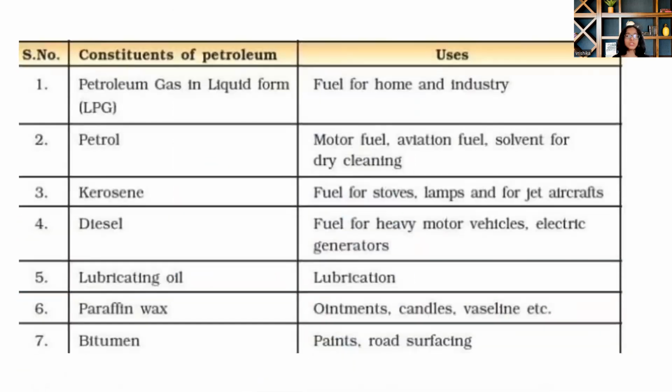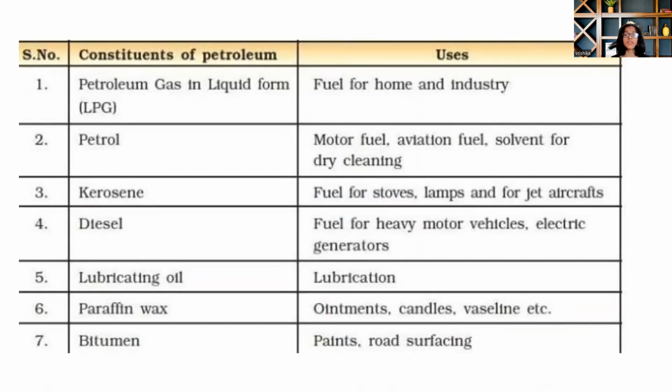Let us see the constituents of petroleum and uses. There are 7 constituents of petroleum: LPG, petrol, kerosene, diesel, lubricating oil, paraffin wax, and bitumen. First one is LPG or liquefied petroleum gas. It is used as fuel for home and industry.